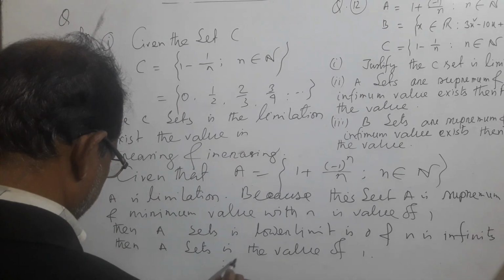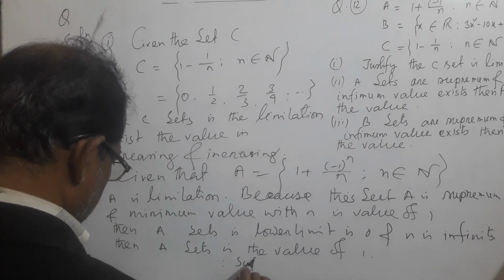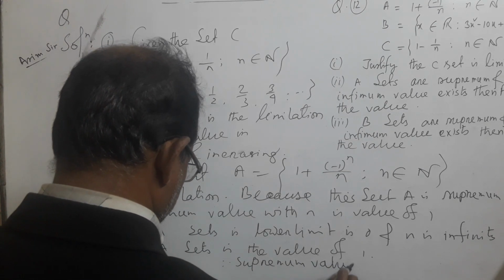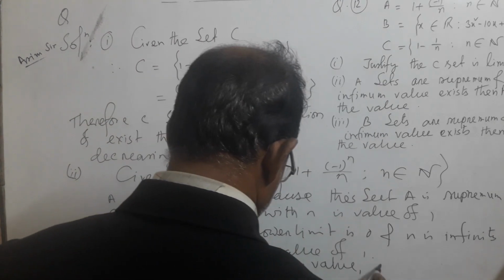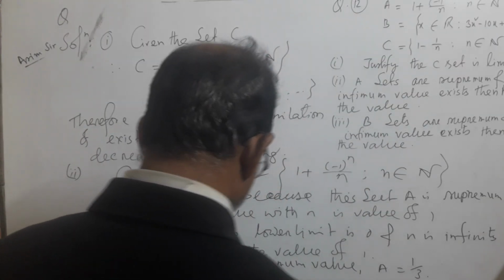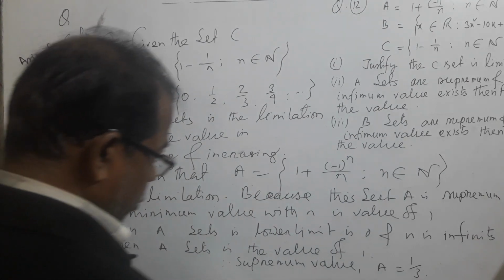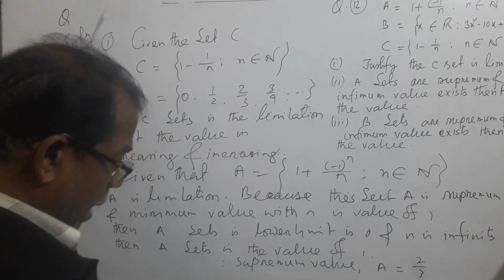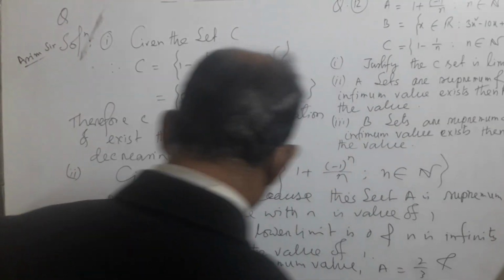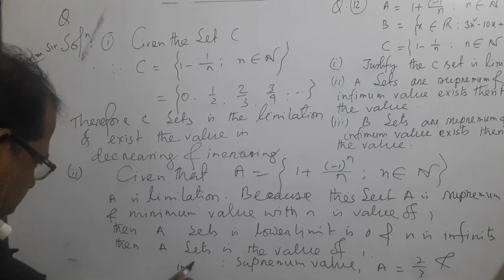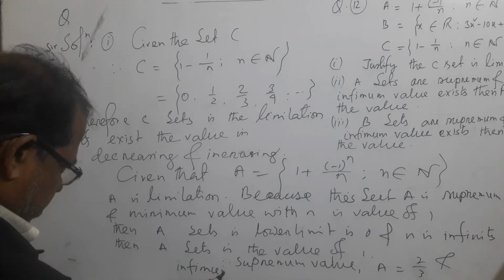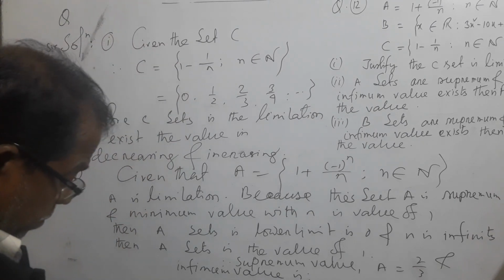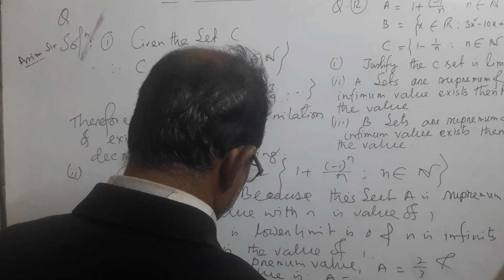So the supremum value of A is 2 by 3 and the infimum value is equal to 0.